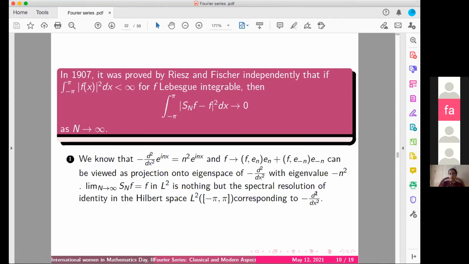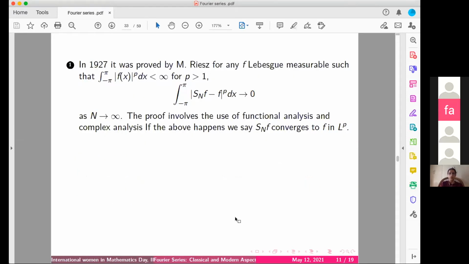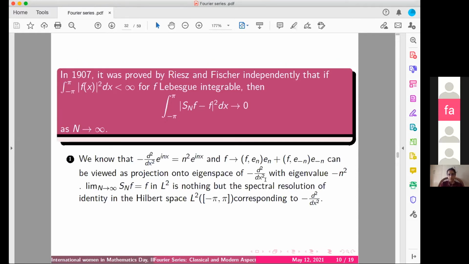Okay. And those who have not done Hilbert spaces, you can also think about the spectral theorem for self-adjoint matrices, because this operator can also be viewed as self-adjoint. Well, yeah, one has to define certain notions, but that is another way of looking at these partial sums and the Fourier series.